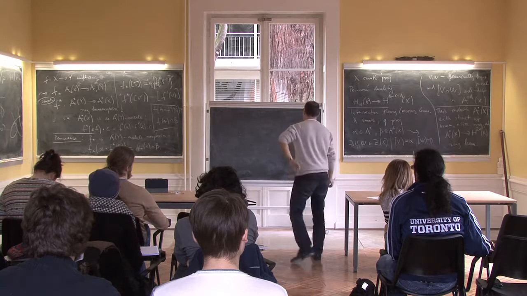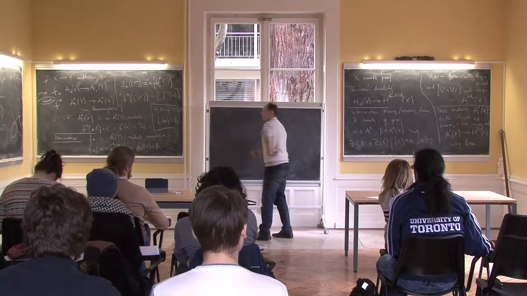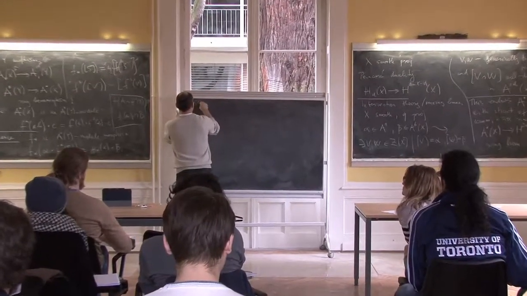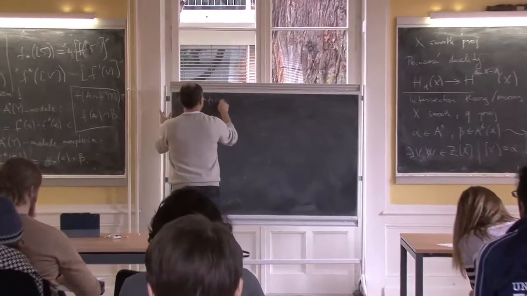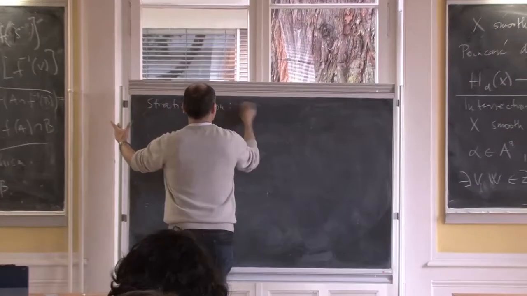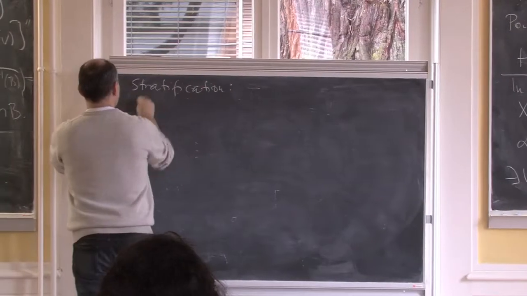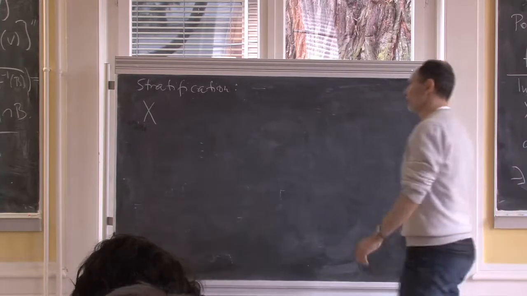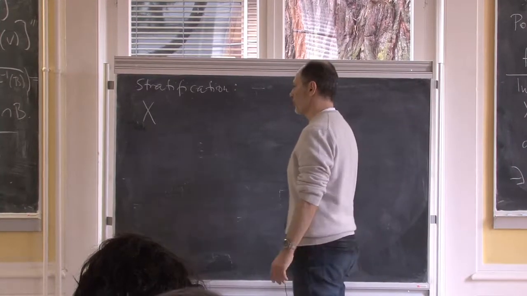Okay? So the notion, which is very useful, is stratification. So suppose X is some, well, let's assume it doesn't actually have to be smooth, just some variety.